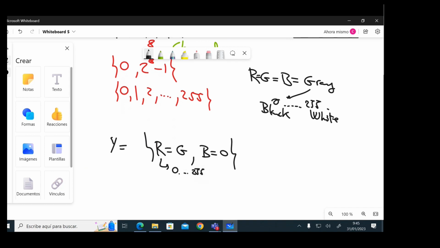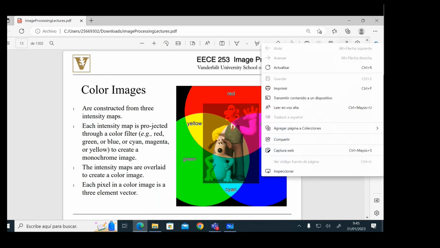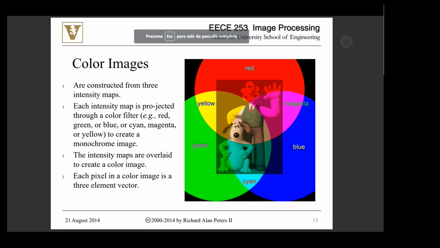Then you have a whole range of yellow colors, and you might have different tones of yellow. The same for magenta, the same for cyan. And then any color in general, the red, green, and blue channels will have different values.